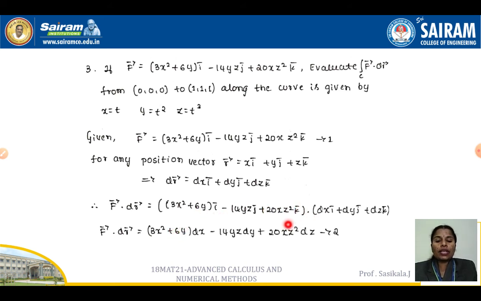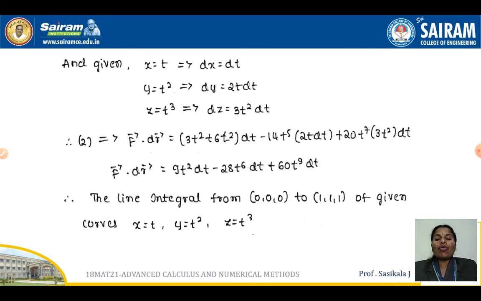Do the dot product. You will get 3x squared plus 6y dx minus 14yz dy plus 20xz squared dz. Okay. So now you can go for the substitution of x, y, z. For that I need dx, dy, dz. So find them out and replace and simplify. Go for the F vector dot dr vector.